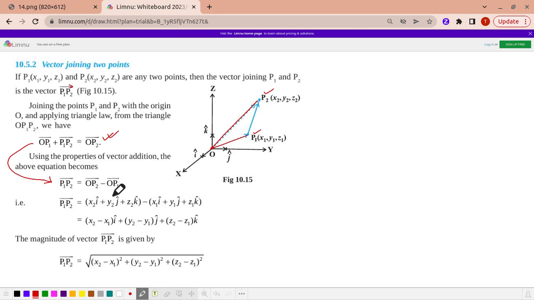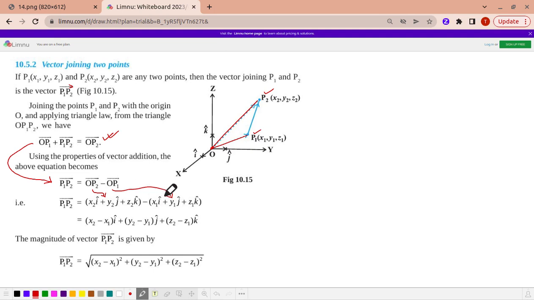OP2, as you know the coordinates of the point P2, we can find the position vector OP2, that is x2 i cap plus y2 j cap plus z2 k cap. Similarly, OP1 is x1 i cap plus y1 j cap plus z1 k cap.